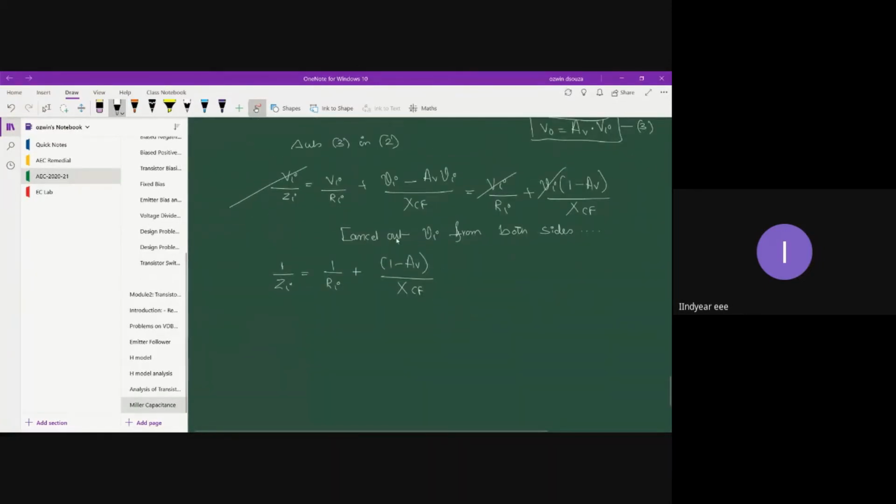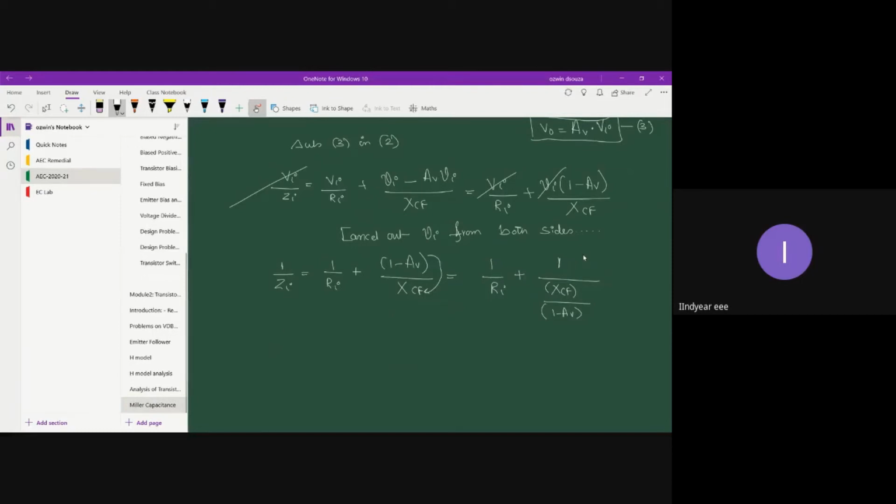This can also be rewritten as the reciprocal of resistance plus, I will shift this numerator term 1 minus AV to the denominator. 1 divided by XCF divided by 1 minus AV. No harm done, because this 1 minus AV is still sitting in the numerator itself.